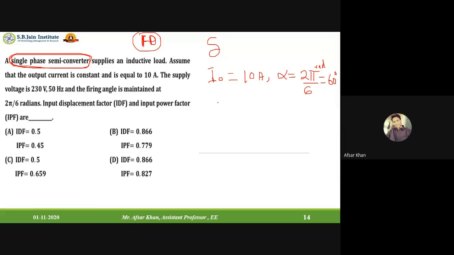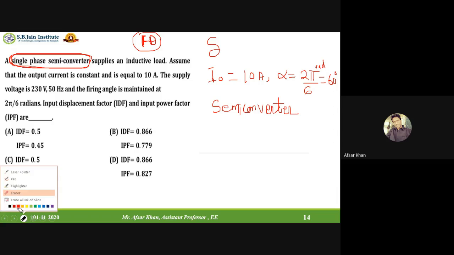Now it is mentioned that it is a semi-converter. That word you have to focus on. Not a full converter, a semi-converter. A semi-converter has a freewheeling diode with RL load. For a semi-converter, there is a freewheeling diode.